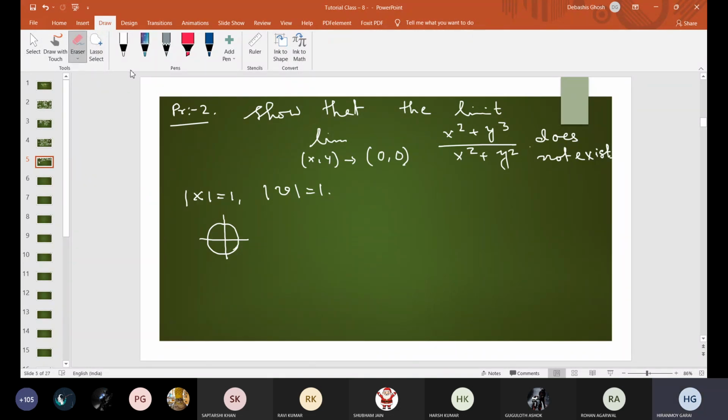Therefore we can take the points along your x-axis and y-axis also that tend towards your origin. Besides that, we can take any other points from here which pass through, that is, from that point come to the origin.